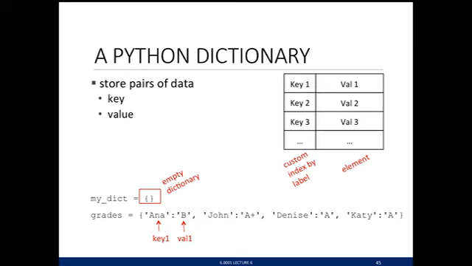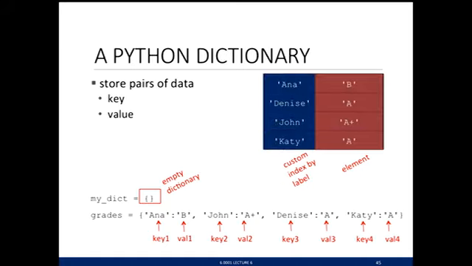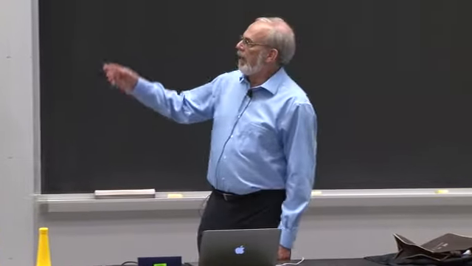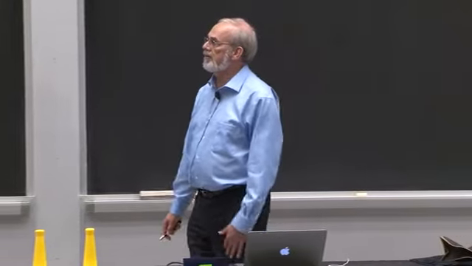In this case, the string Anna and the string B, followed by a comma, which separates it from the next pairing of a key and a value, and so on. If I do this, it creates pairings in my dictionary of those labels with the values associated with them. These are pretty simple, but in fact there's lots of nice things we can do with it.